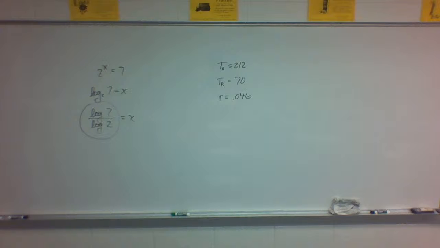Okay, so we've got stew, and we've got the R value. The question asks, how long? What are we looking for? Little t, they're asking you for a time unit. How long will it take to cool the stew to a serving temperature of 100?